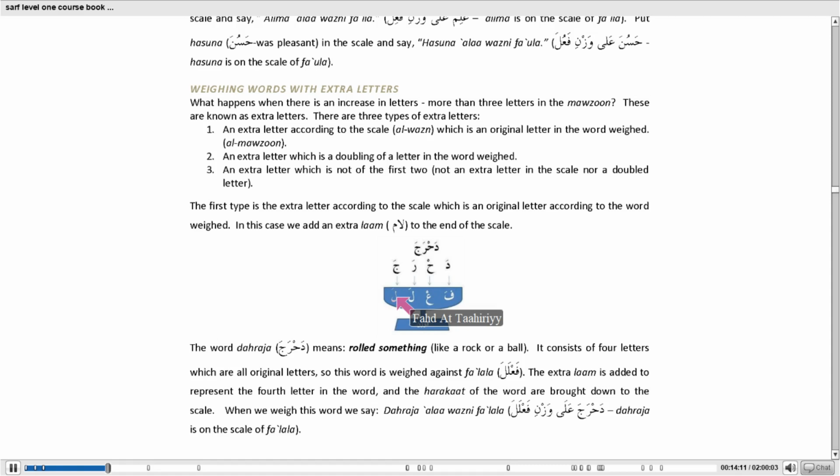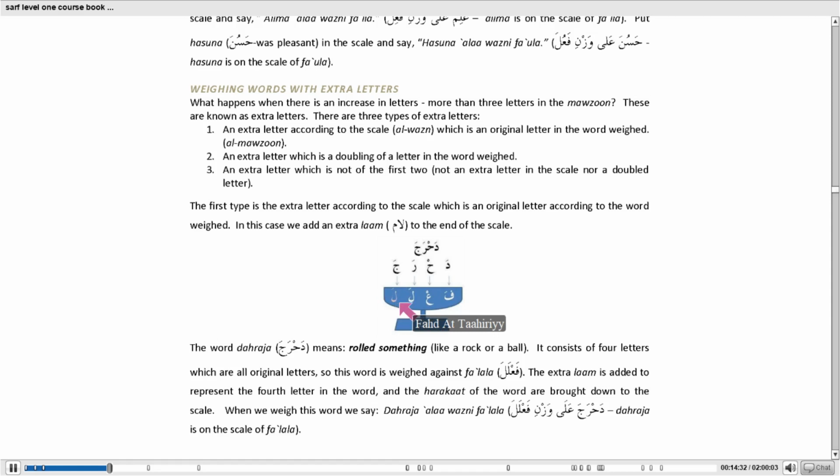So what do you do in this case? They said you're going to add an extra lam. That's that extra lam right there.